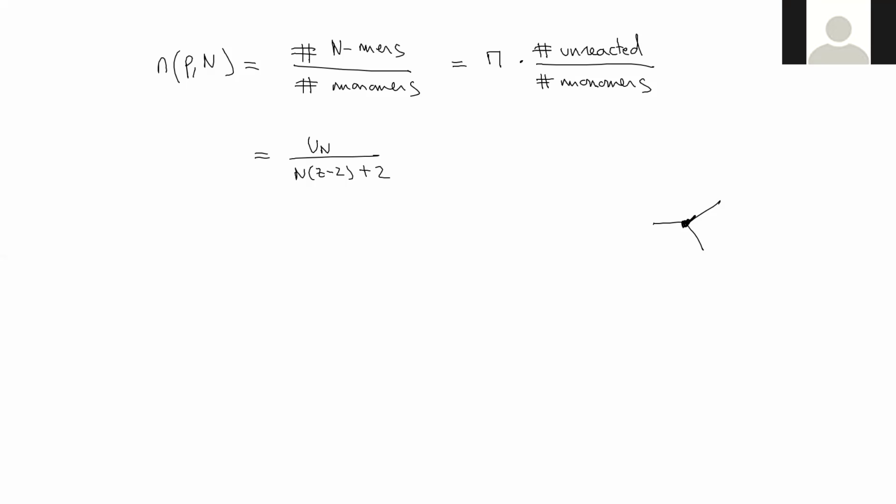One minus p times z. Yeah. I have z possibilities, and for this to be unreacted, there is a probability 1 minus p. So it's 1 minus p. And that's it. I mean, I found with this trick of unreacted groups, I found what I'm interested in, which is n, which is the density, which is the number of n-mers per site.